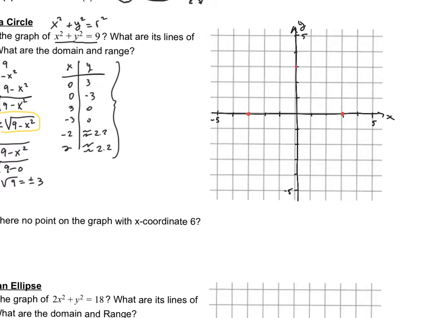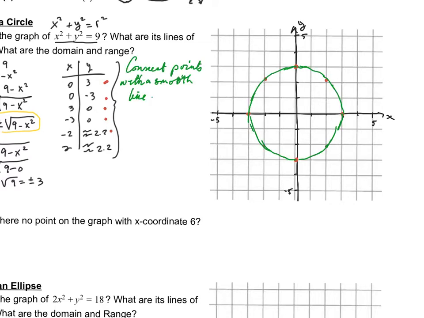I'm looking at 0, 3, 0, negative 3, and of course 2 and approximately 2.5, and 2.2, approximately 2 and 2.2, and the reflections. Now that I've graphed these 6 points, I'm going to connect them with a smooth line.